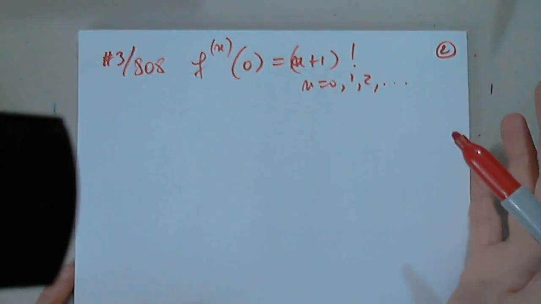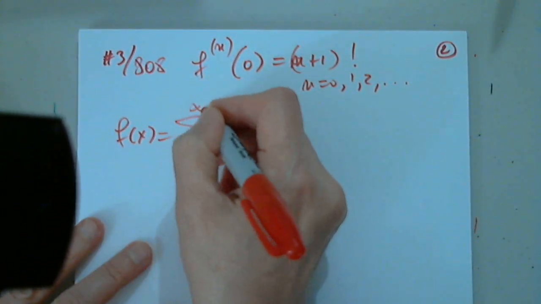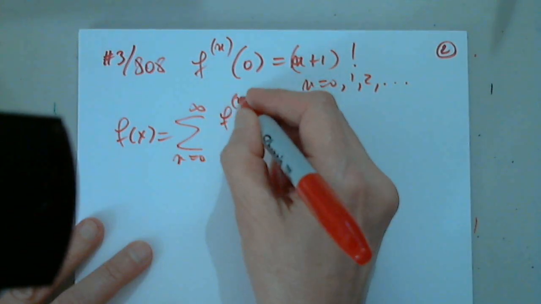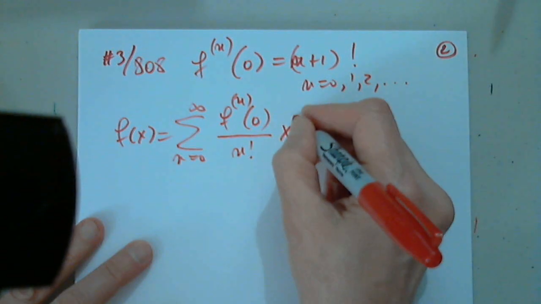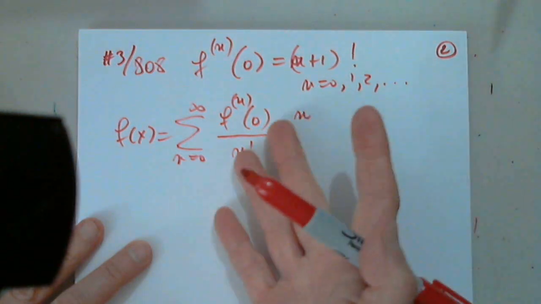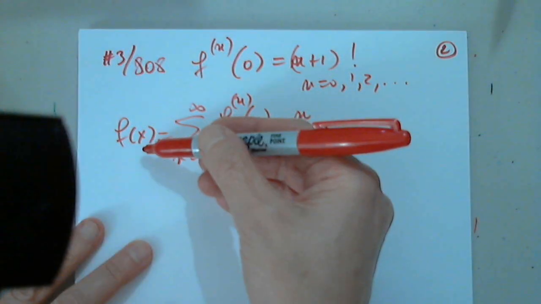So we know that the definition is f of x equals the sum from n equals 0 to infinity of f differentiated n times at 0, over n factorial, times x to the nth power. And this is the Maclaurin series for f of x.